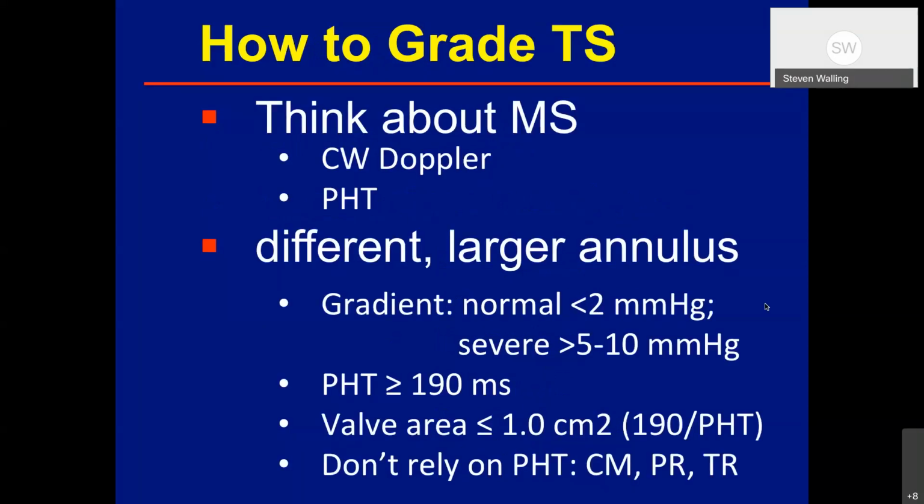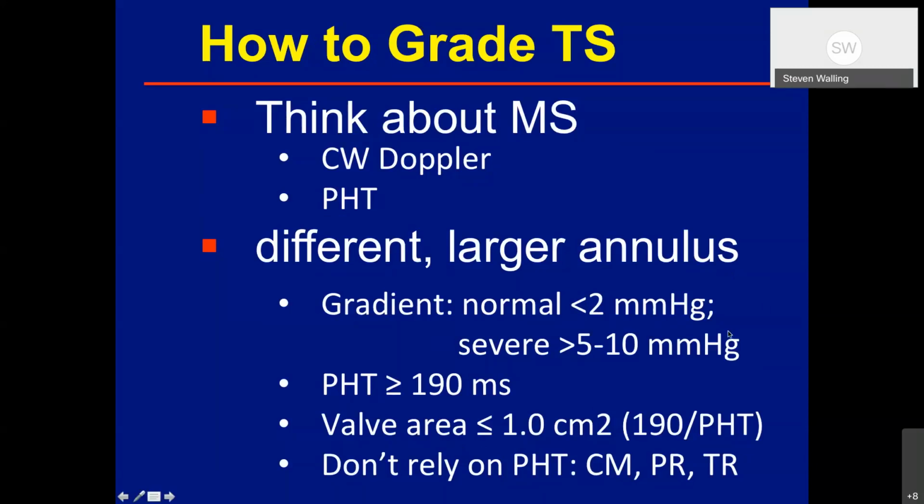How do we grade tricuspid stenosis? It's very similar, since we all borrow from the left side because that is very well developed. So we use CW Doppler and pressure half time, but the numbers are different because the right side is much lower in terms of pressure.